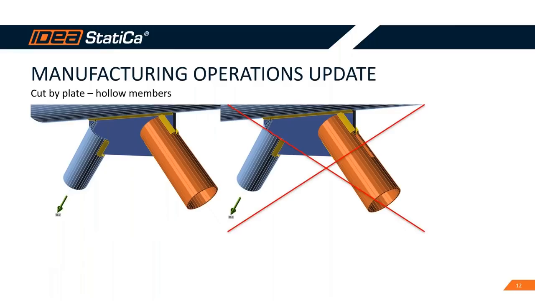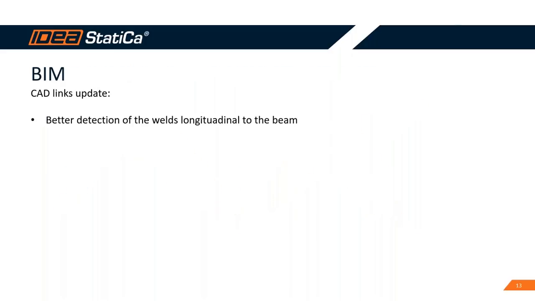Hollow members are now cut by a true outline of the plate if the plate is aligned with the member. We spent some time on the Kedling's update. For example, there is a better detection of the welds longitudinal to the beams.